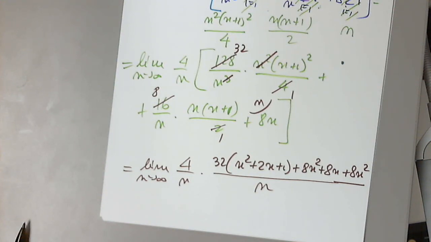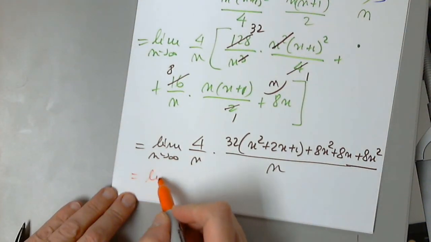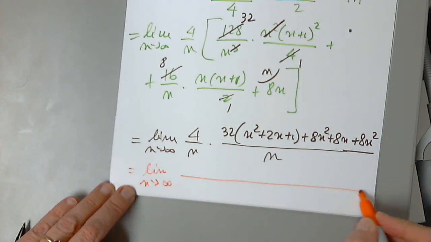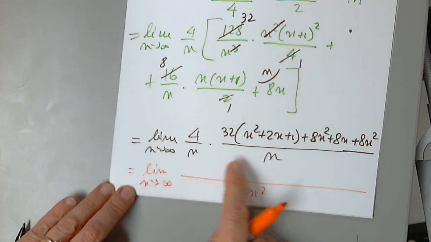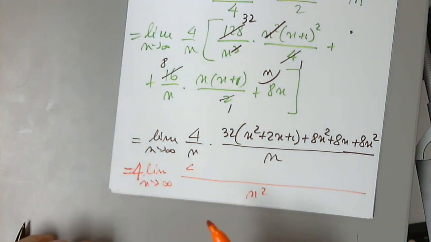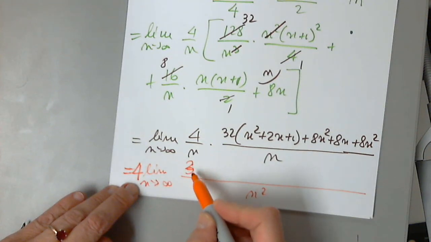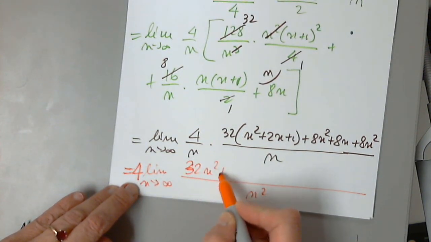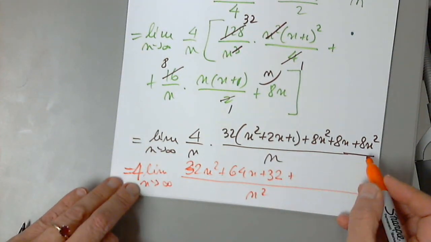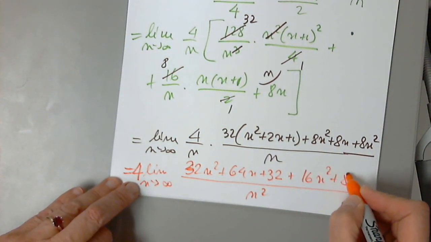Okay, ready? For the final step? Yes, it has a lot of steps, if that's what you said. Okay, the denominator now is n squared. 4 can wait outside. It's in the way. I don't want it there. So 32 n squared plus 64n plus 32 plus 16n squared and plus 8n.